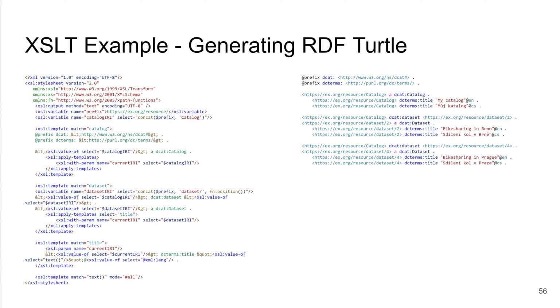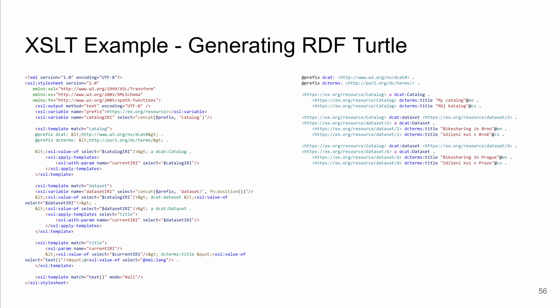Some noteworthy parts of this template are the usage of global variables, which we have talked about, the usage of a concat function, which concatenates two strings. So this is used for creation of the IRIs that identify the catalog and the individual datasets. And also noteworthy is where the IRI of the datasets comes from, because if you take a look at the input document, there are no identifiers that could be used well for creating IRIs for the dataset.